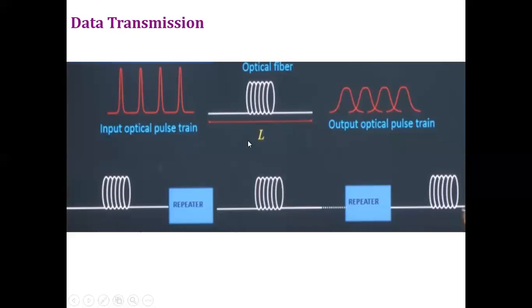But what I notice here is that the amplitude of these pulses, the power level of these pulses, goes down, and at the same time the duration of the pulses increases. Here the duration is very small, right? While here, in the output pulse train, the duration is somewhat broader. So when I send these pulses through this optical fiber, the pulses become like this.